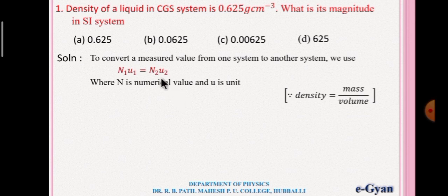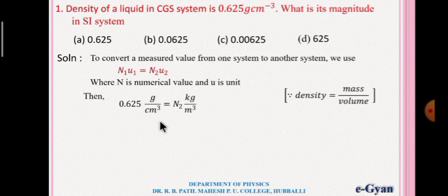Now here N1 is equal to 0.625 and U1 is equal to gram per cubic centimeter, and we don't know the value of N2, we keep that as it is, and U2 is equal to, what is the unit of density in SI system? It is kg per cubic meter.